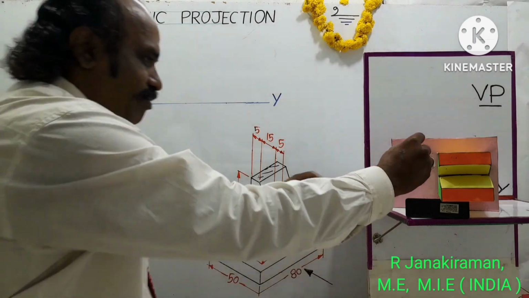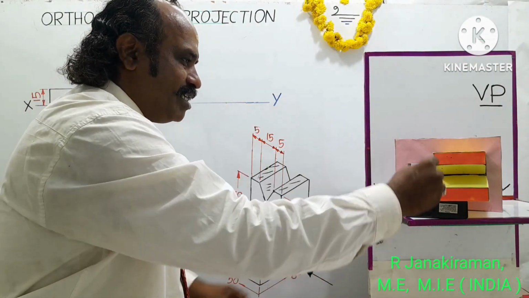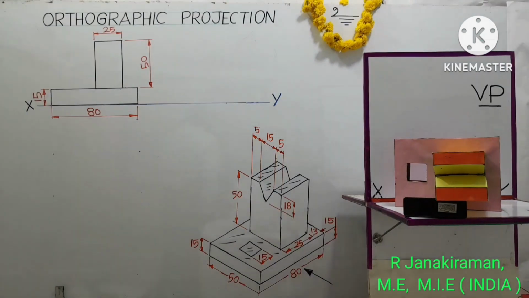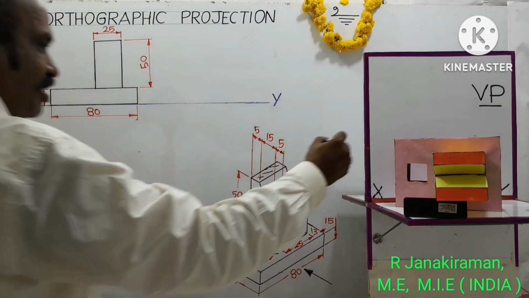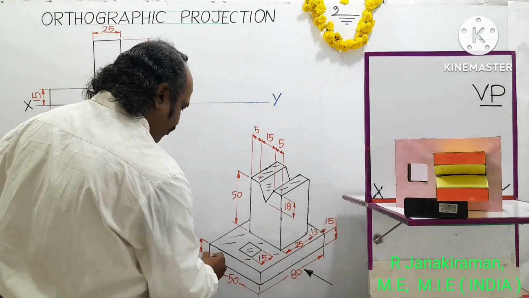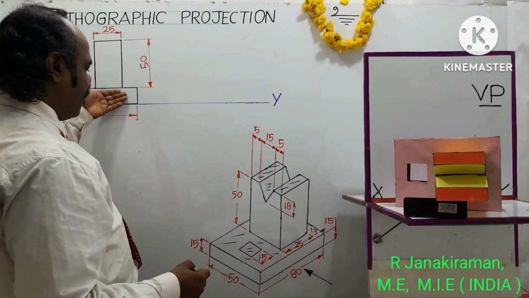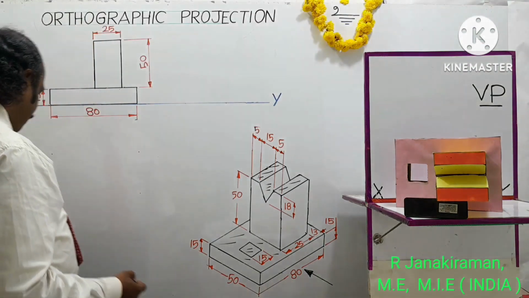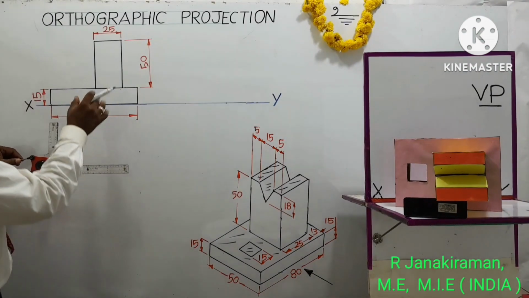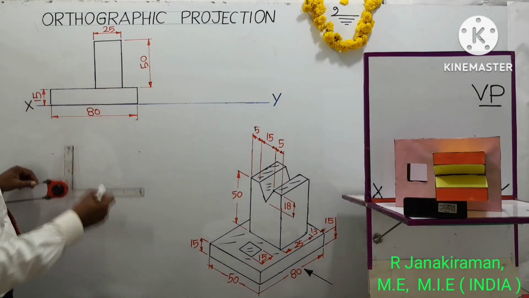This green surface will be merged forming a single vertical edge on the left hand side. That you have to understand. So this will be the breadth of the object, that is given as 50 mm. Somewhere below this front view, taking some distance, but exactly below the front view, the top view diagram will come.